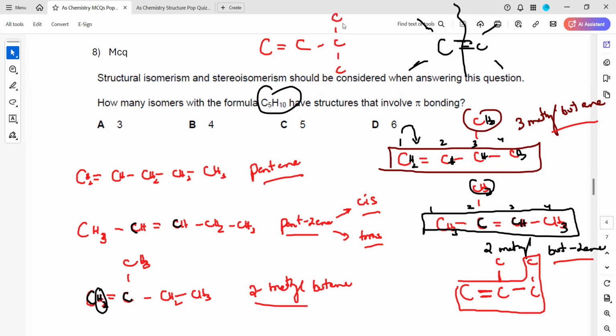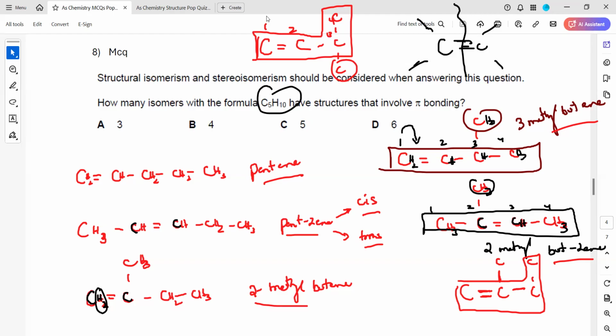The branch is always from second to second last. So this is the same structure. I will select the longest carbon chain. This will be 1, 2, 3, 4. So this is 3-methyl butene, and 3-methyl butene we already did here. So these are the possible isomers which we can draw.